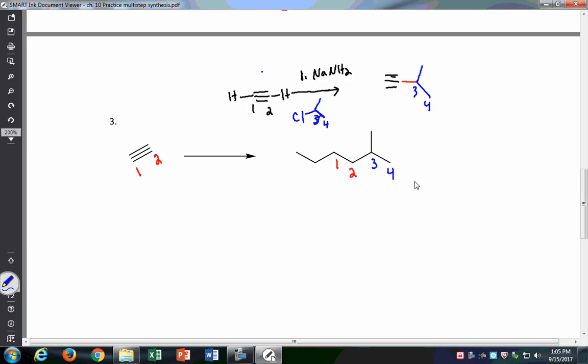What's wrong with that? What are our limitations for our alkyl halides? Has to be primary. What is this alkyl halide? Secondary. So this route won't work. That won't lead to our final product. Instead, what are we going to form? We're going to reform our triple bond. And what reaction is going to occur with the alkyl halide?